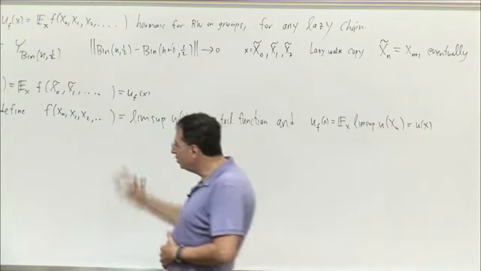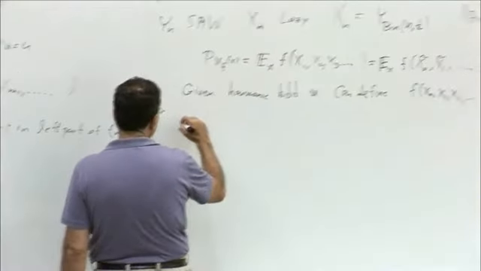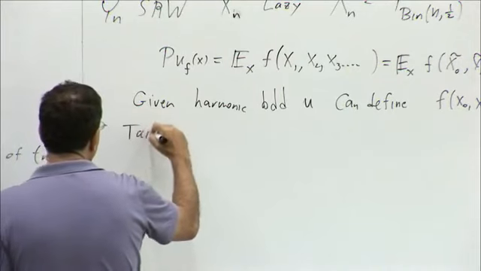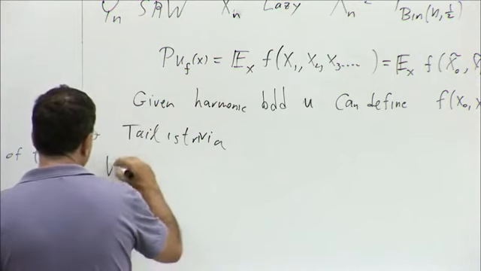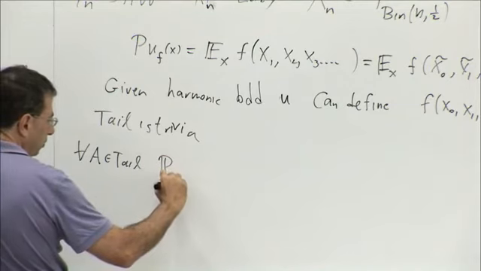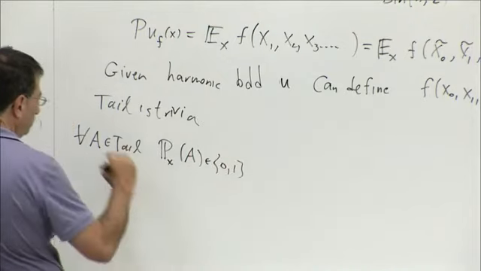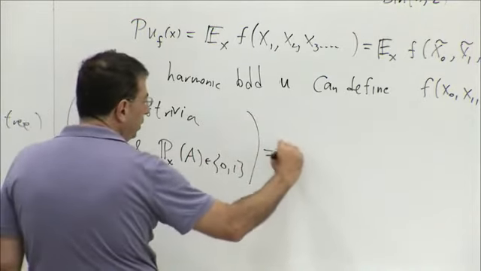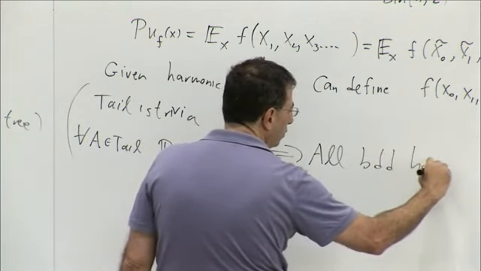So this really means harmonic functions are describing the asymptotic behavior of the walk. And the important thing for us is that you immediately get from this that the tail is trivial, which just means that for any set A in the tail, the probability starting from a point x of A is either 0 or 1, if and only if all bounded harmonic functions are constant.